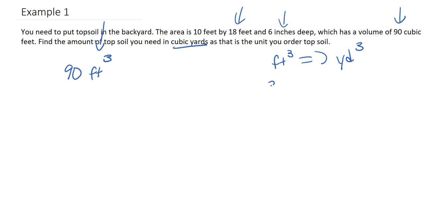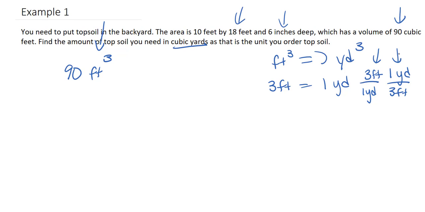We know that 3 feet is equal to 1 yard, so we can go either 3 feet over 1 yard or 1 yard over 3 feet. That's how we can use this relationship. Notice that we actually only have to use one step to get from feet to yards, but let's go ahead and write this out.